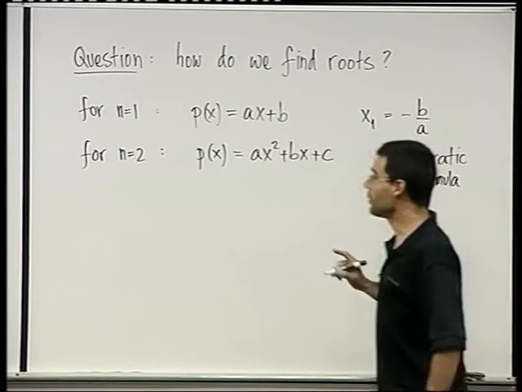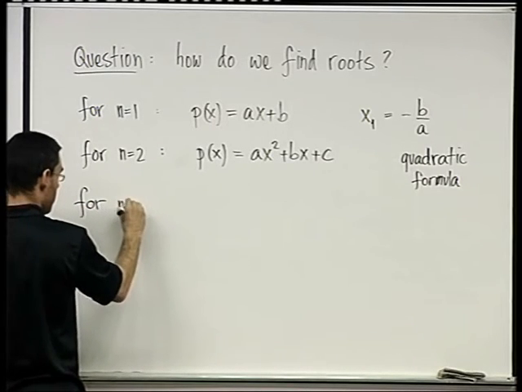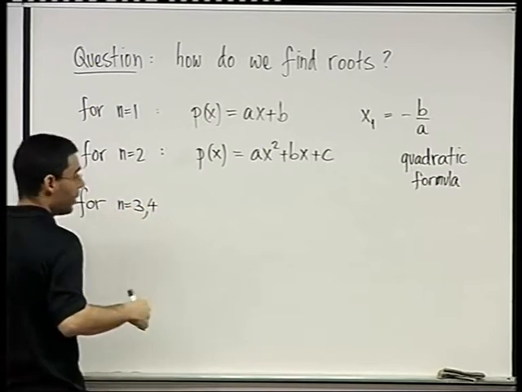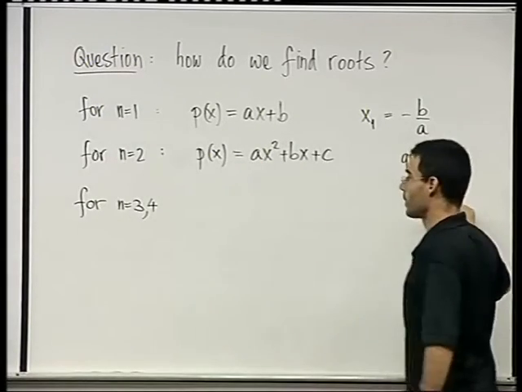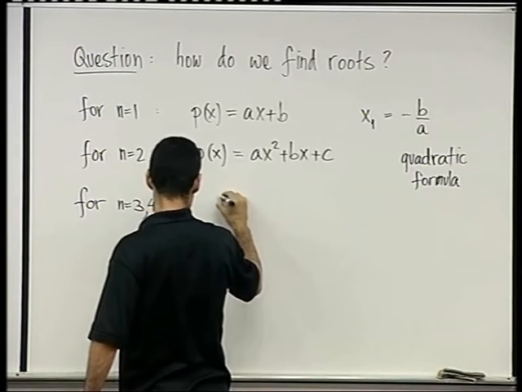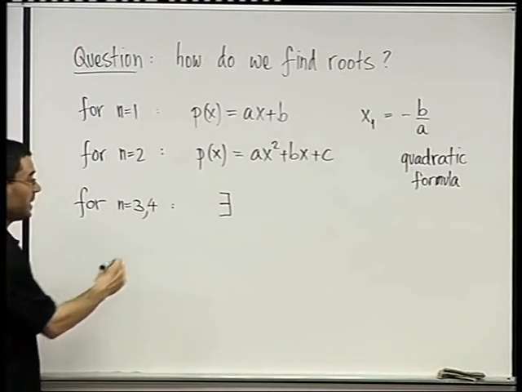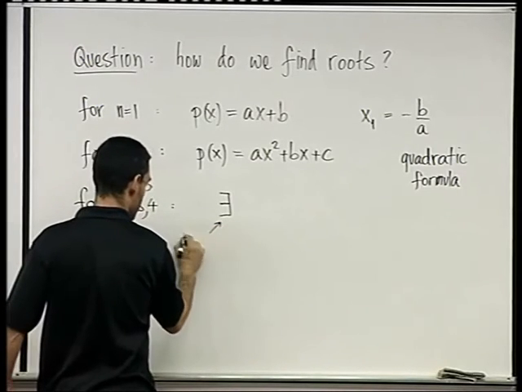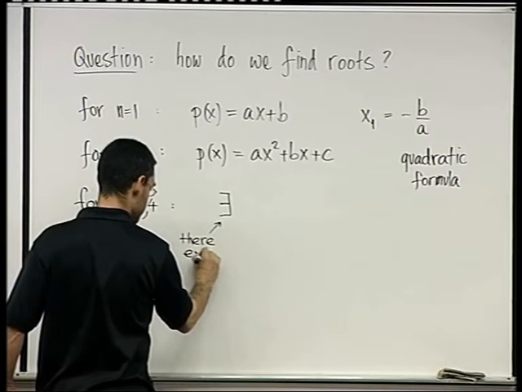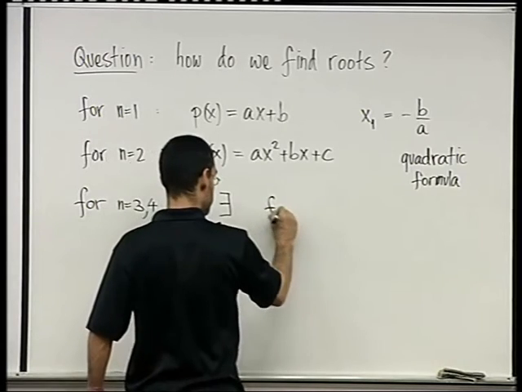For n equals 3 and n equals 4, it turns out that there are also formulas. Okay? So for n equals 3 and 4, there exist formulas.